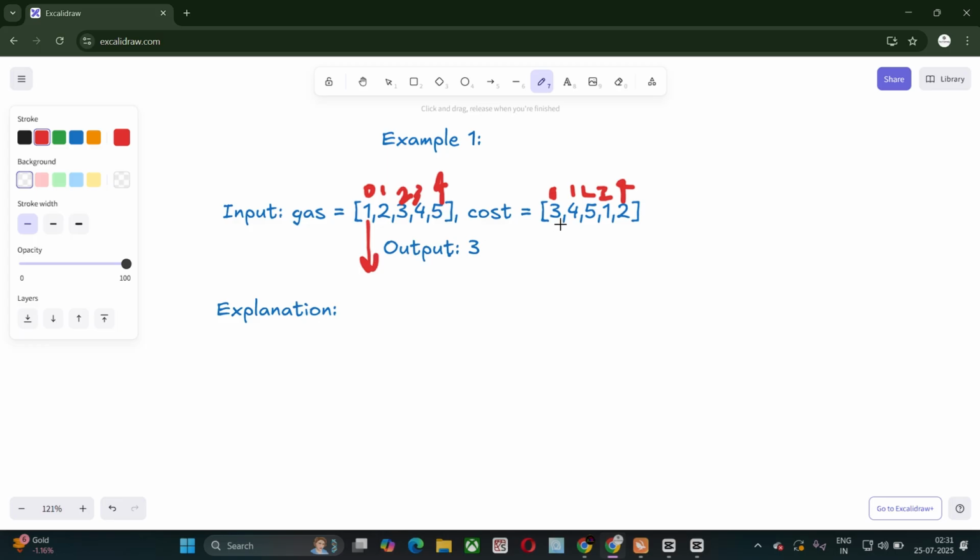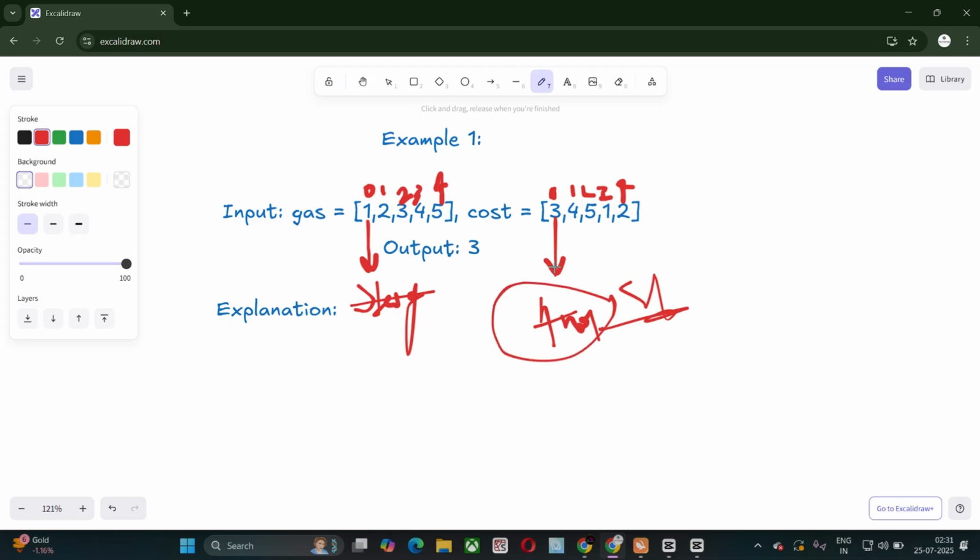This is our starting point, and this is our next station.